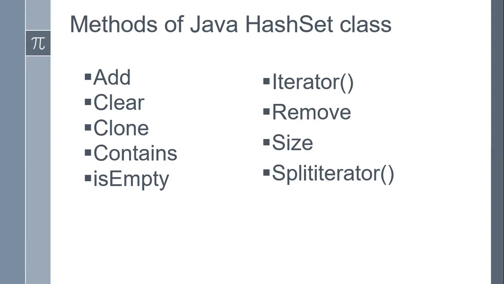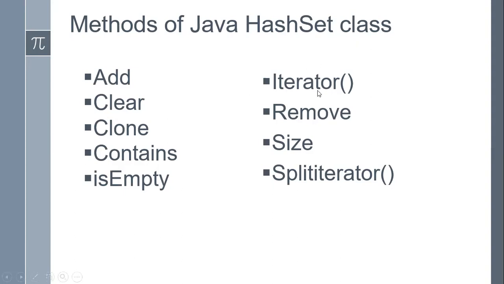Next is contains. This method is used to return true if this set contains the specified element. I mean, if the HashSet contains the value, then it will return true. isEmpty is used to return true if this set contains no elements. If the HashSet contains no values, then it will return true.